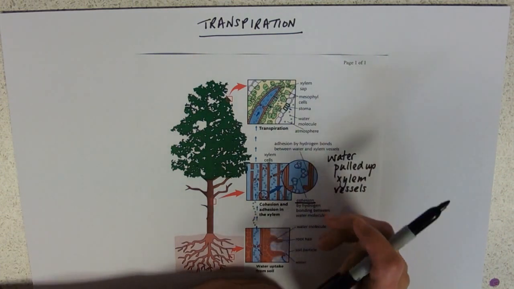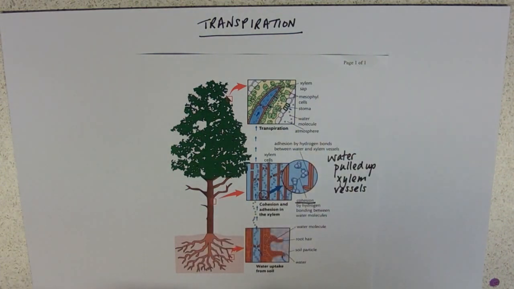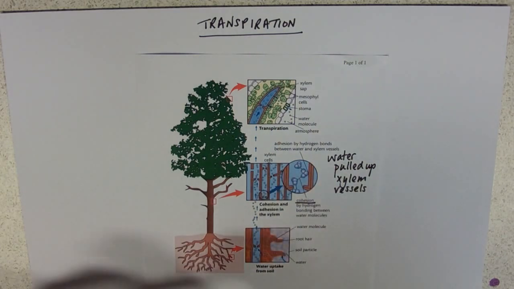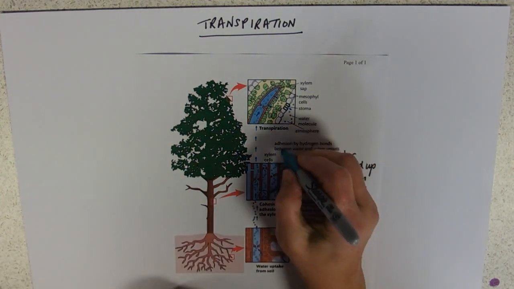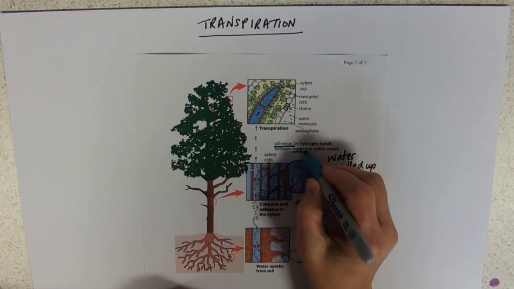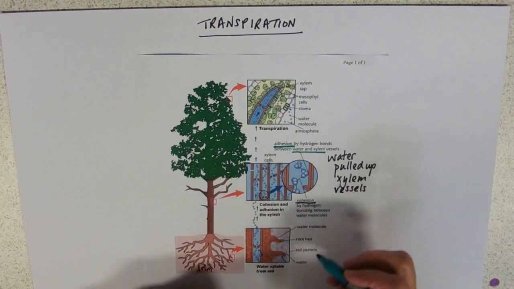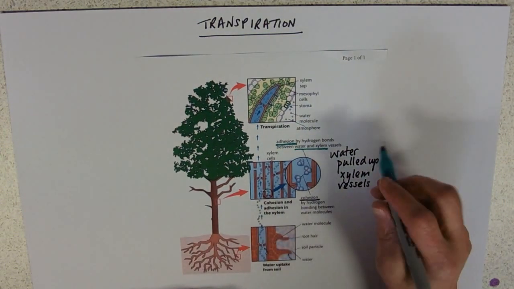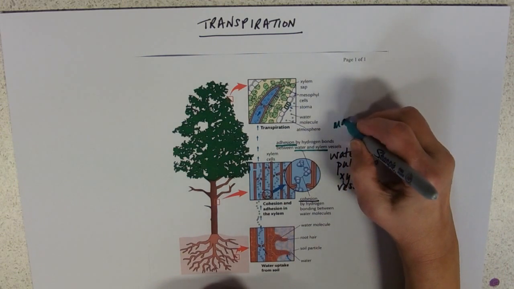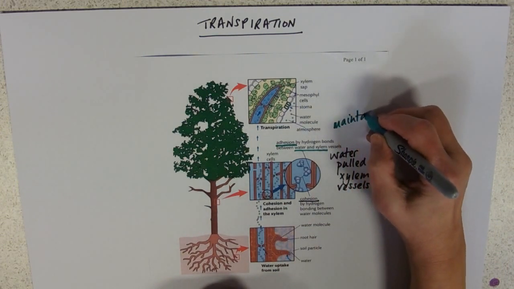There is also another force on here. We've got our water molecules all cohered together, but we also have an adhesive force, so we've got adhesion between the water and the xylem vessels. So that sort of helps to maintain that column, so it's not breaking.